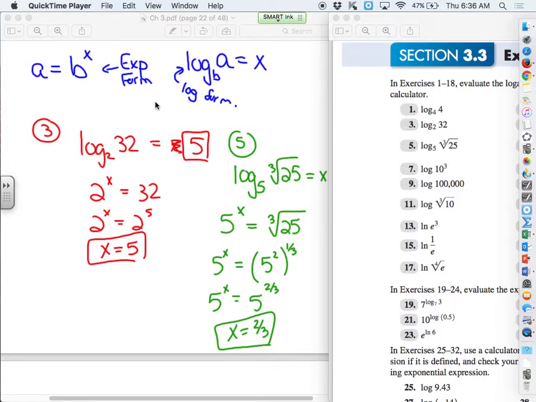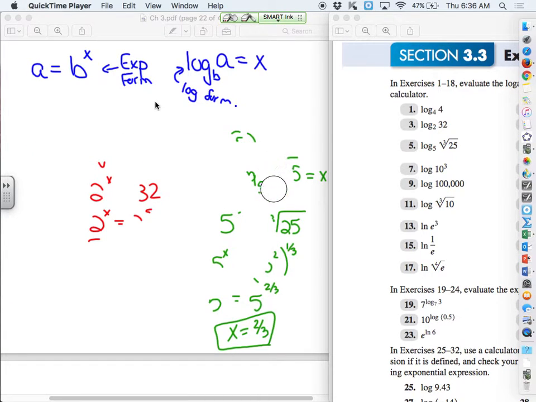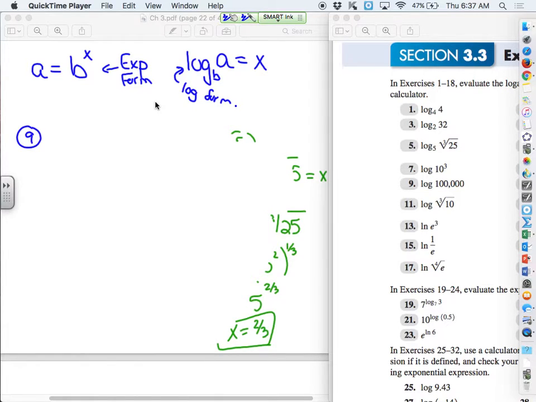If you skip down to something like number 9, we have log of 100,000. And there's no exponent written there, no base written there.